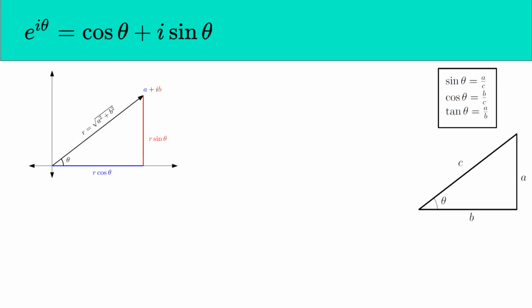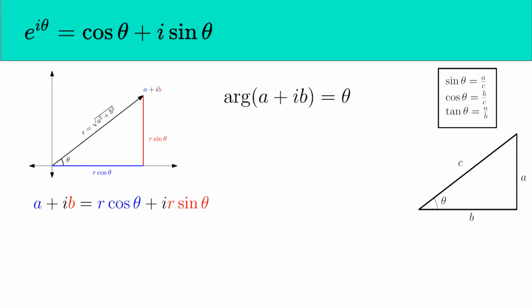By using trigonometric ratios, we can see that the x-coordinate of a plus ib is r cosine theta, and the y-coordinate is r sine theta. The angle that the vector a plus ib makes with the x-axis is called its argument. From the diagram, it is clear that a is equal to r cosine theta and b is equal to r sine theta. Let's write it down.